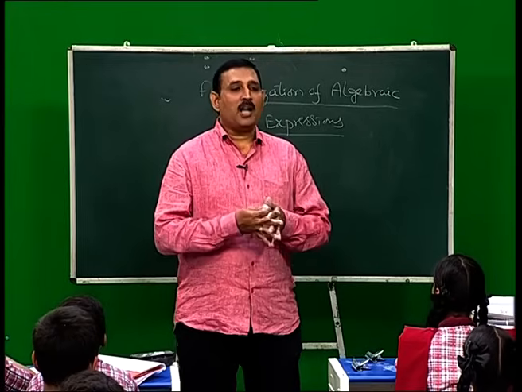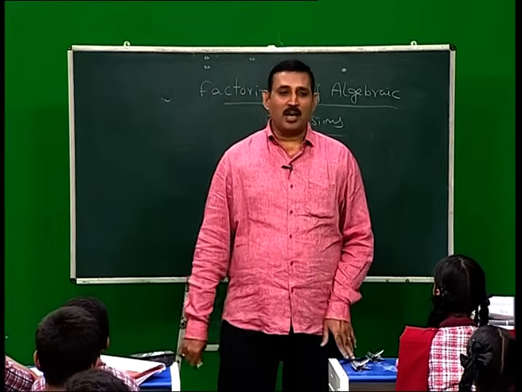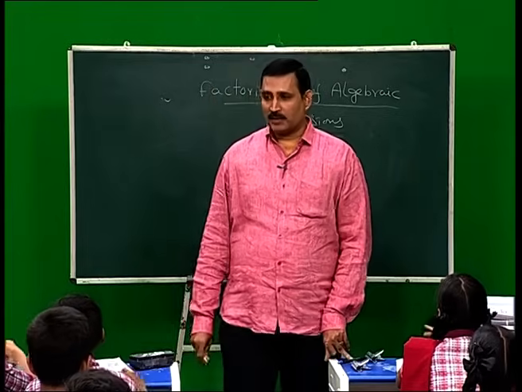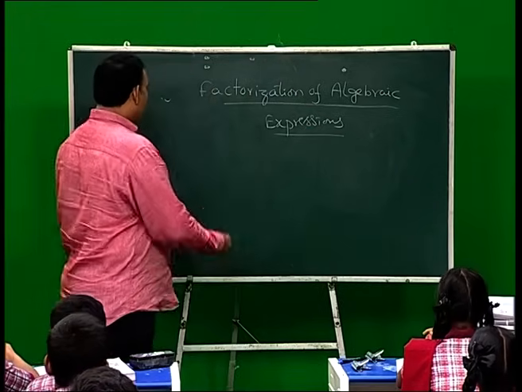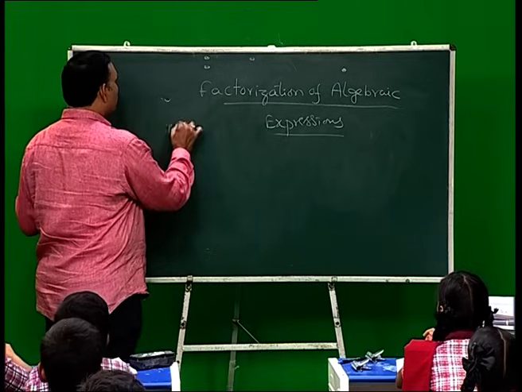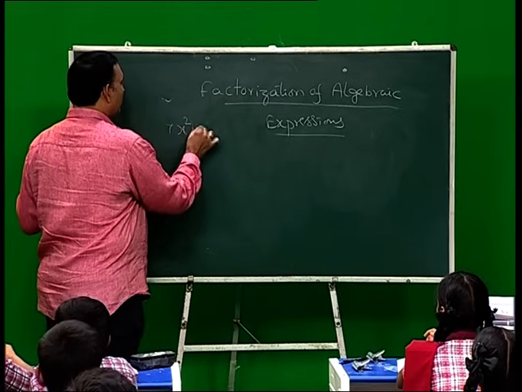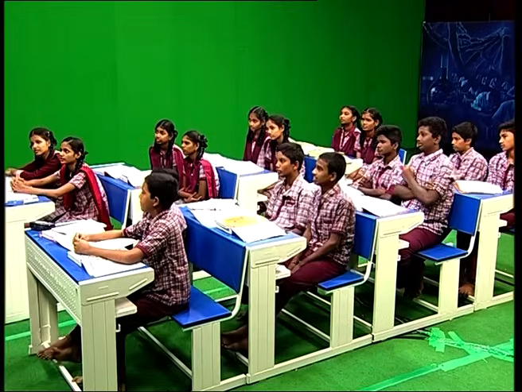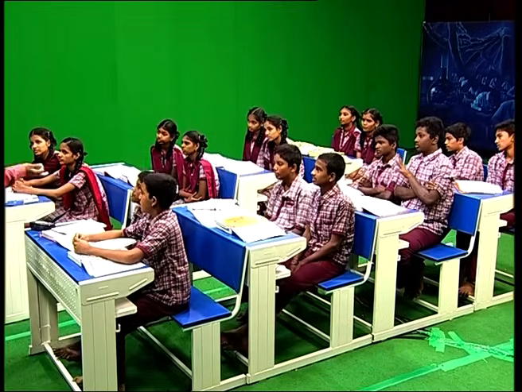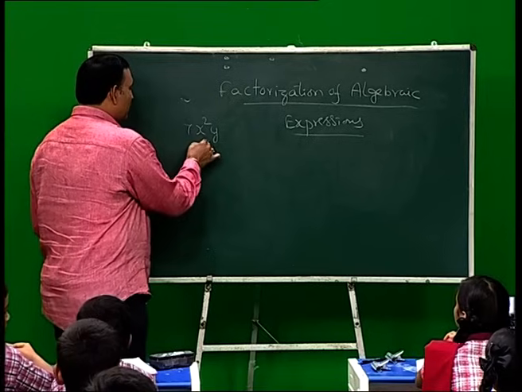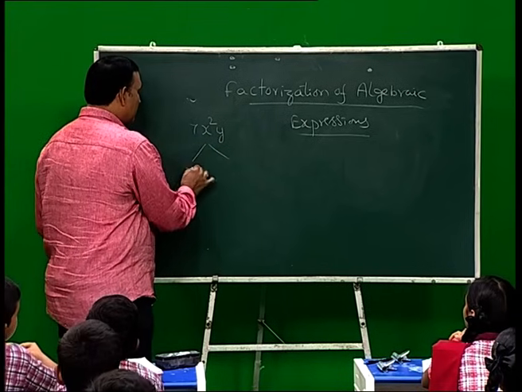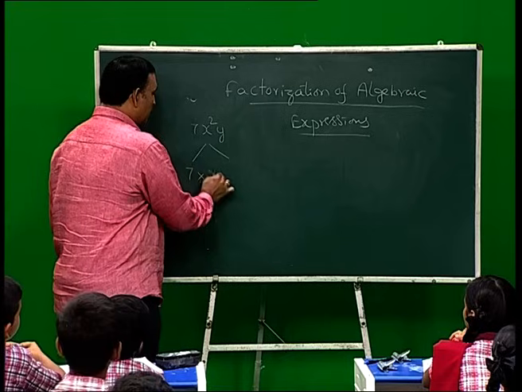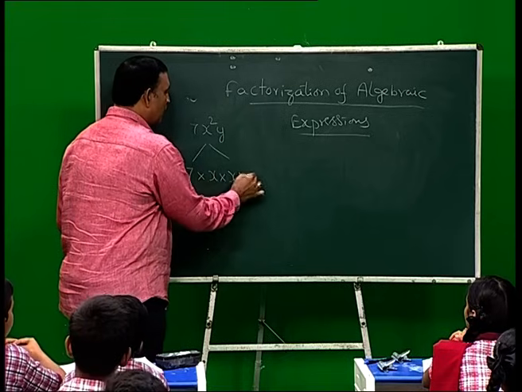Now splitting an algebraic expression into its factors is called factorization of algebraic expressions. How do we do that? Here I am going to split it, like 7x square, as a product of prime factors and irreducible factors. 7x square, how can we write? 7 into x into x into y.